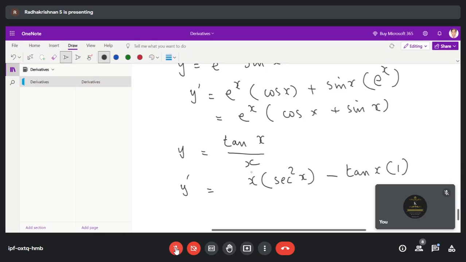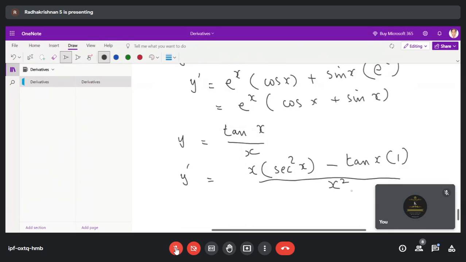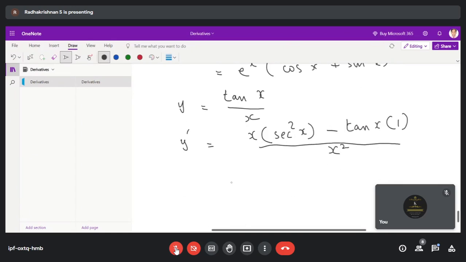Because the derivative of x is 1, whole divided by x square. So that means x into secant square x minus tan x whole divided by x square.